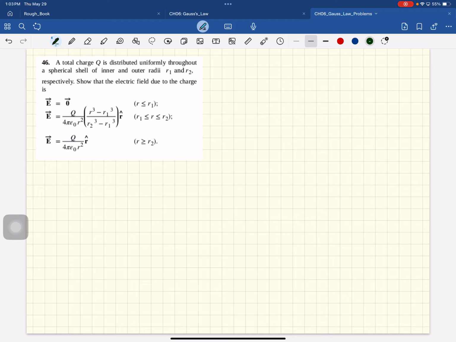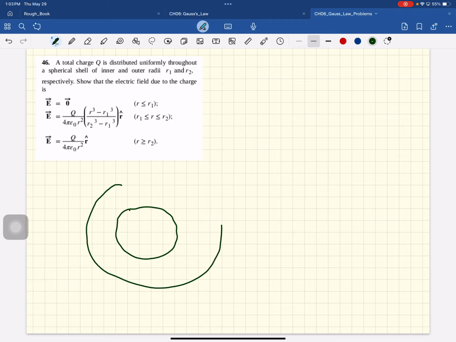All right, so in this problem a total charge Q is distributed uniformly through a spherical shell. So you're distributing a charge Q through a shell like that. So what is the shell made of?